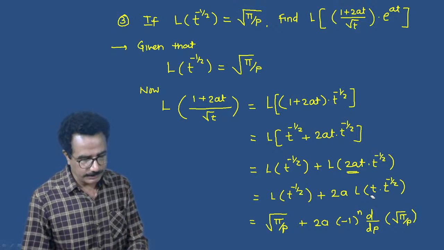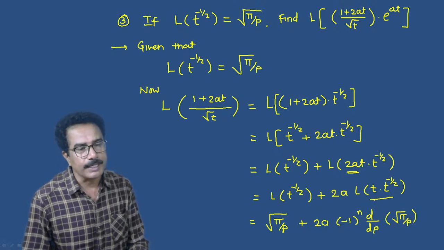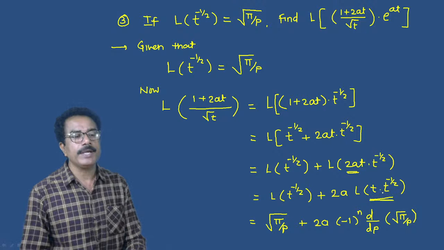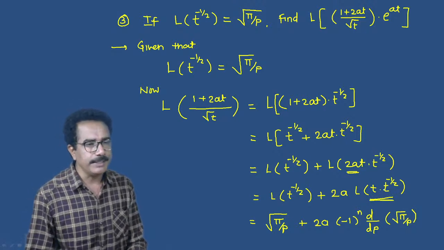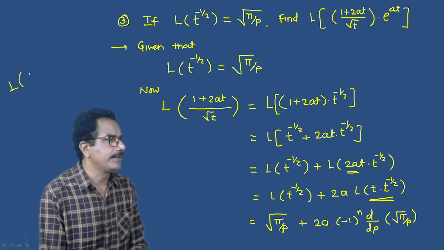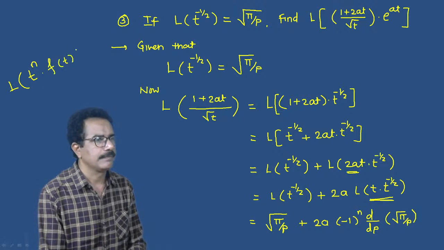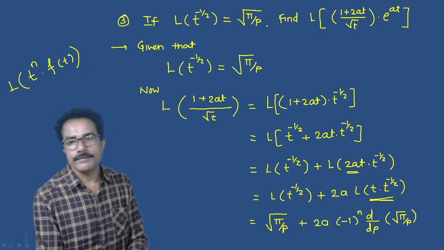But here, students, we have to use a formula. Which formula do we have to use here? Actually, for the Laplace transform of t raised to n into f of t, what is the result?